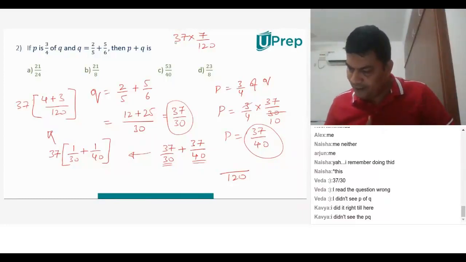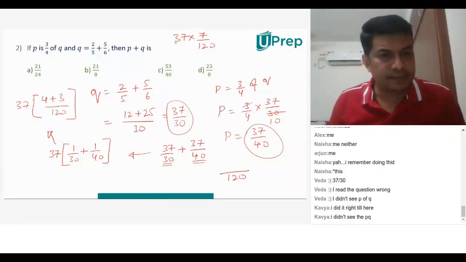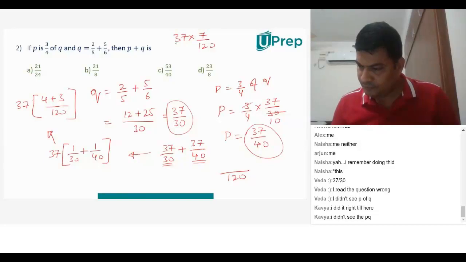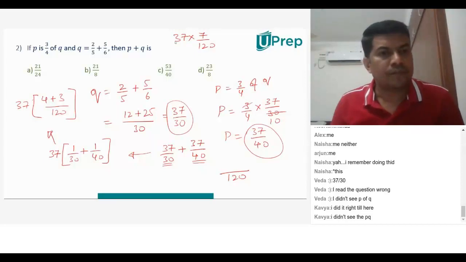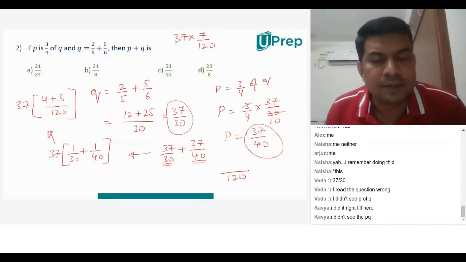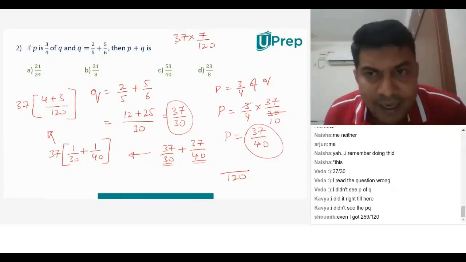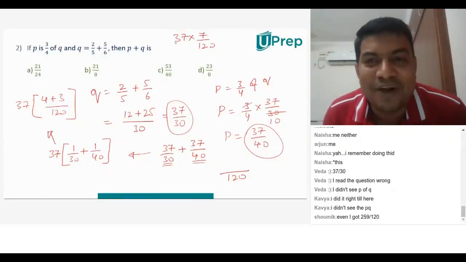Did we miss out anything anywhere? Just take a look. I think we got it right, but somewhere the option is not there. So I think that's the reason most of you got it incorrect.